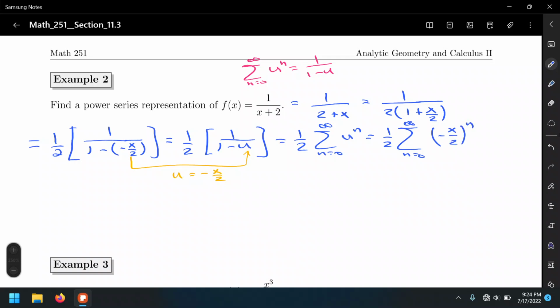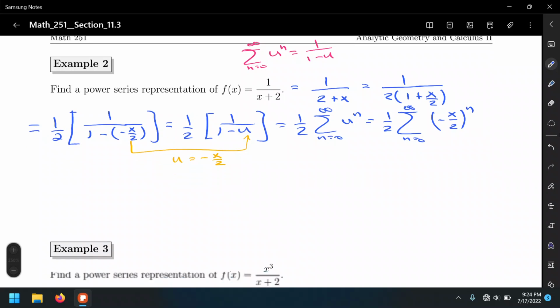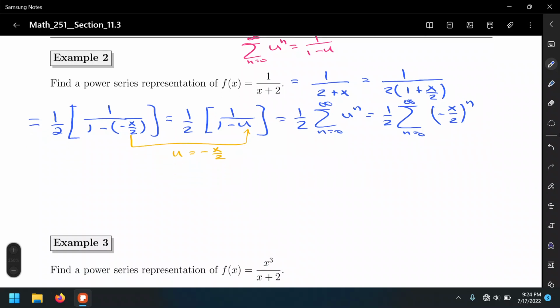The rest of the problem would be to expand again the negative. I'll keep writing this 1/2 outside of the sigma, and I'll put it inside in a second. Sigma n equals 0 to infinity of negative 1 to the n, x to the n, over 2 to the n.